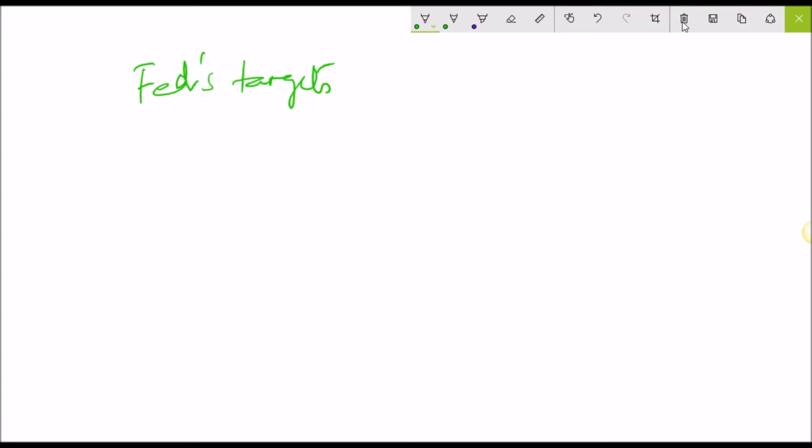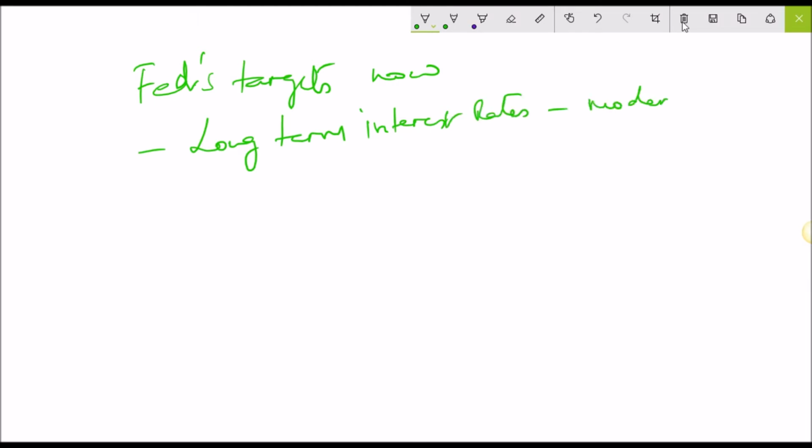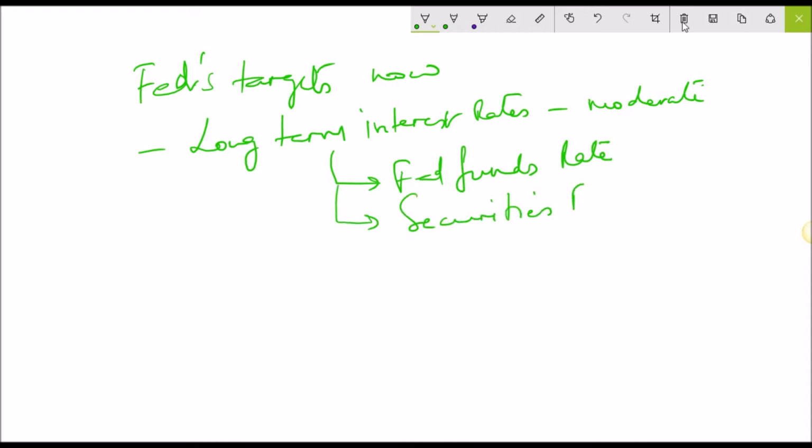In 2006, the Federal Reserve Bank stopped the publication of the M3 aggregate. So if the relationship between money and growth has broken down according to the Fed, what exactly does the Fed target now? With this breakdown in the relationship between M2 and gross domestic product, the objectives of the Federal Reserve Board have changed slightly.